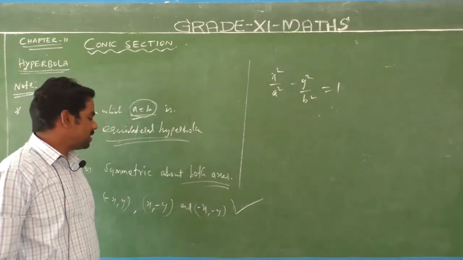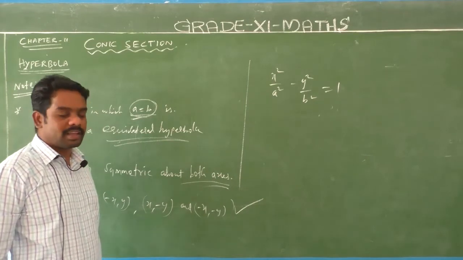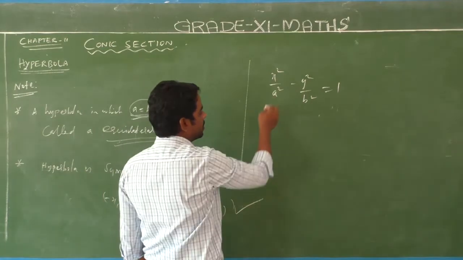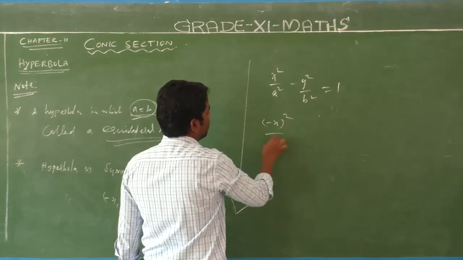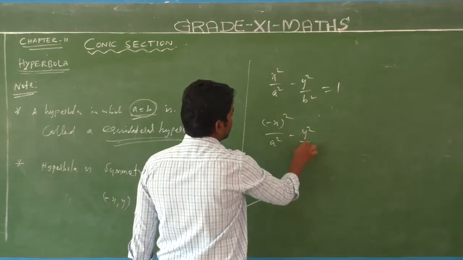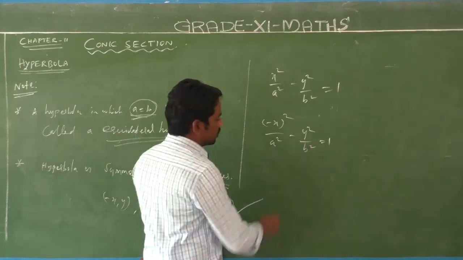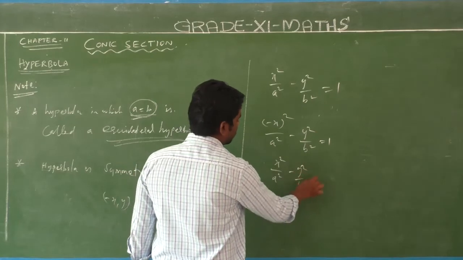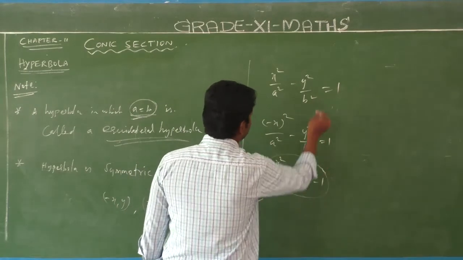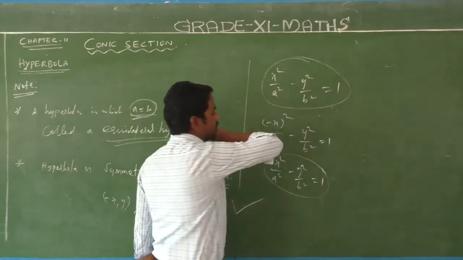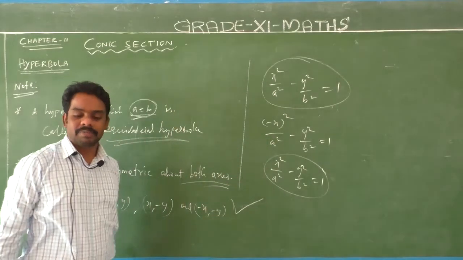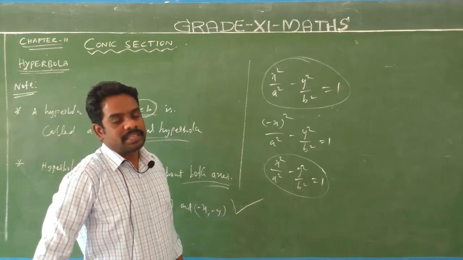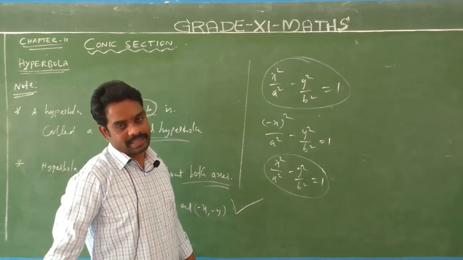When x is replaced by minus x and y stays y, substituting the point (minus x, y), we get (minus x) the whole squared by a squared minus y squared by b squared equals 1. Simplifying, x squared by a squared minus y squared by b squared equals 1. So this equation is the same as the initial equation. When x is replaced by minus x, the equation is unaltered. Therefore, this equation is symmetric about the y-axis.